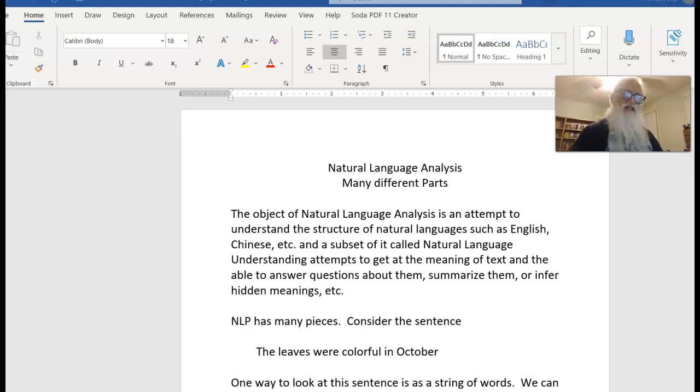Natural language analysis is another very large area of artificial intelligence, and it has many applications. I'm not here talking about understanding speech, although that would be the first step if you wanted to apply natural language analysis to speech.